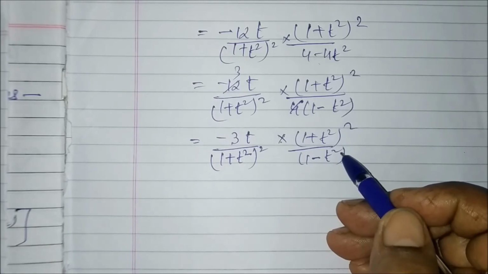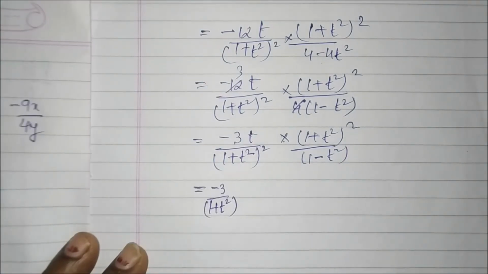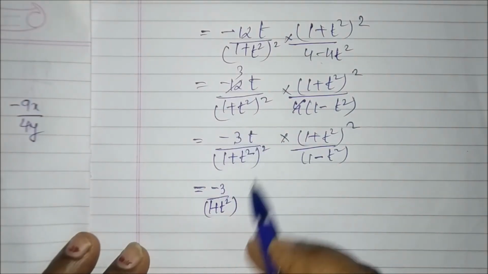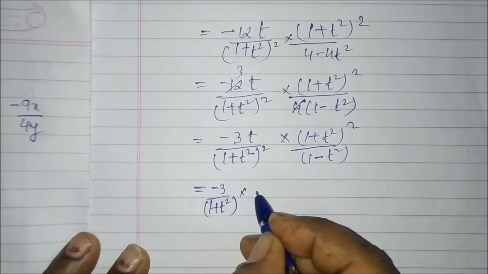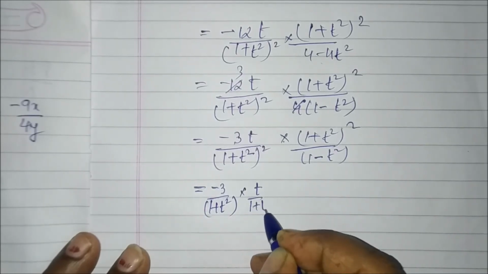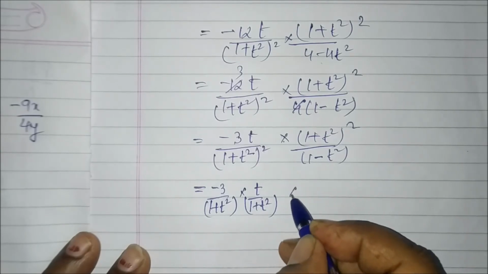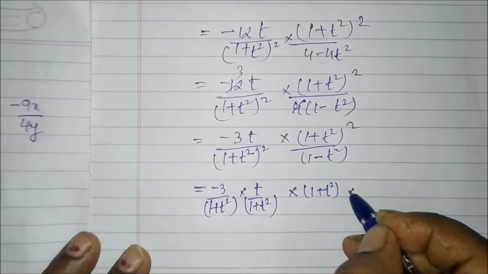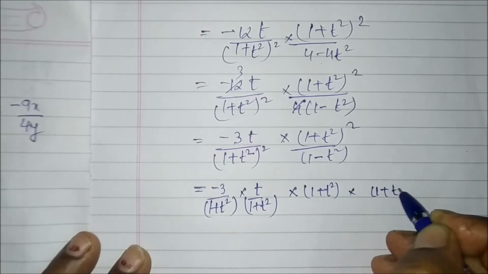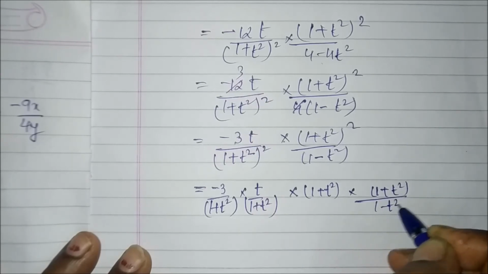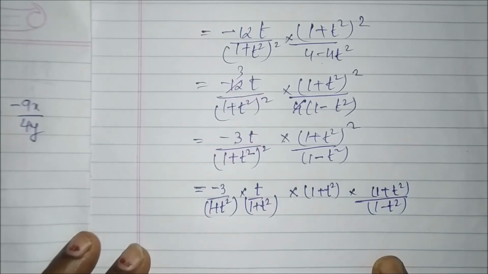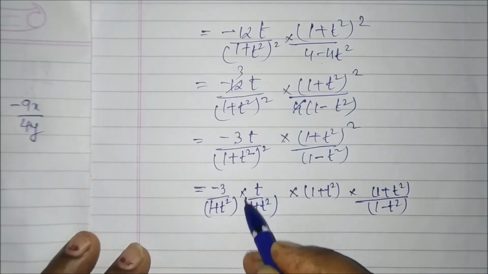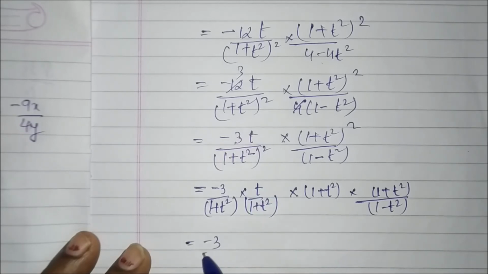See here, in this term I am separating minus 3 and one power of 1 plus t square, and we get t upon 1 plus t square. And from here also 1 plus t square is separated, and 1 plus t square upon 1 minus t square is taken alongside.